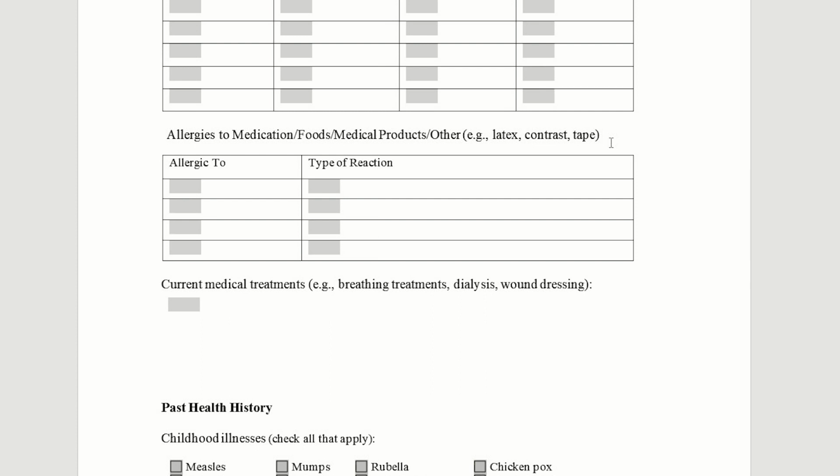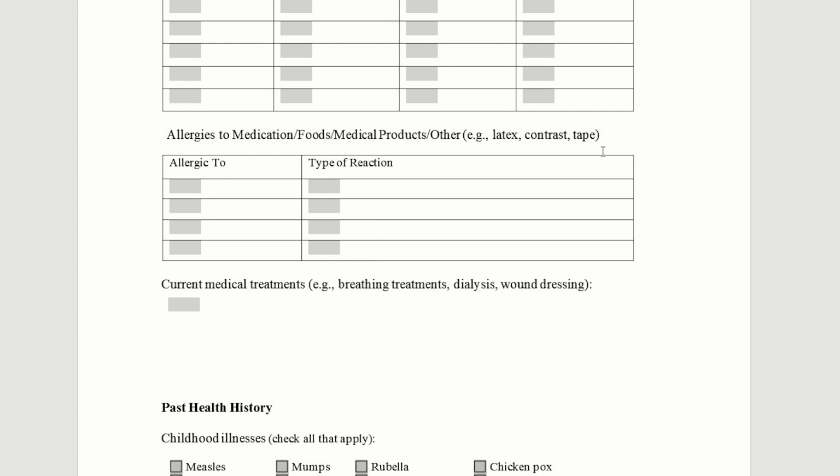Just ask what type of reaction they get from that food or that medication they're saying they're allergic to. For example, codeine can cause horrible stomach distress if not taken with food, but some patients believe this is an allergy. So we are not judging them.